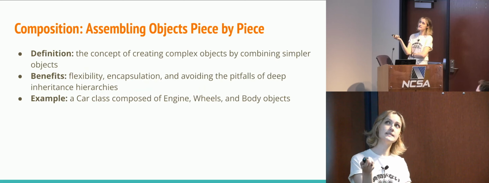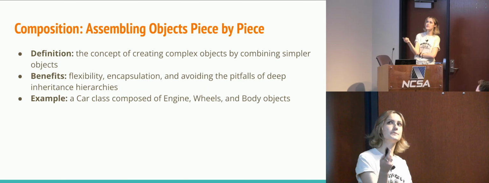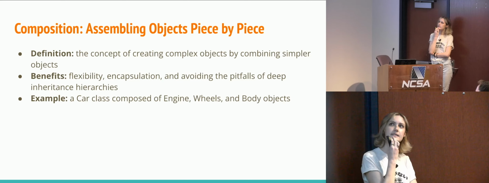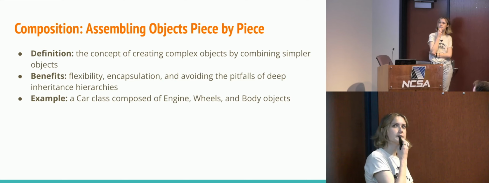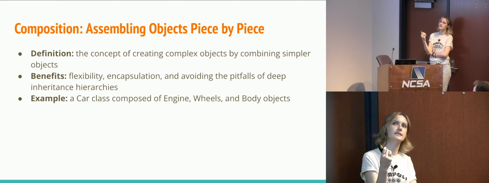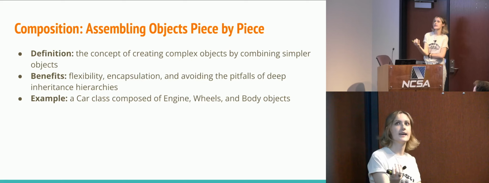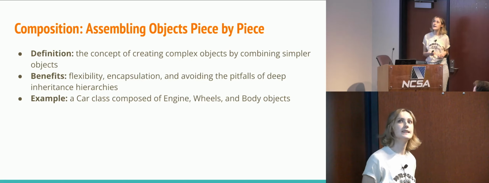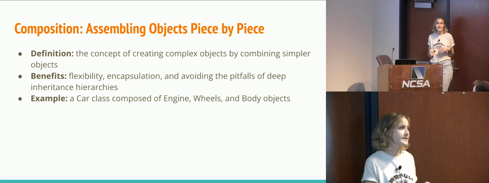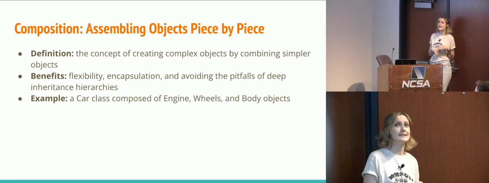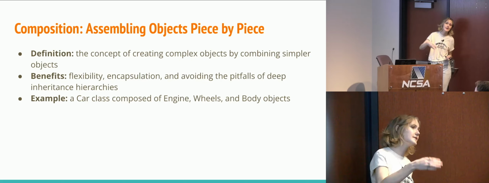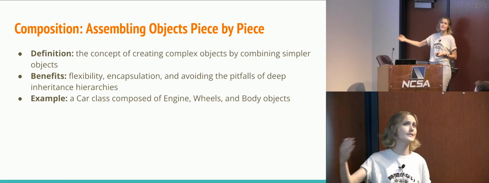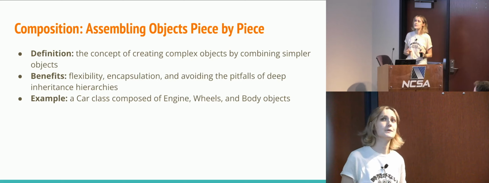And now composition is when we assemble objects piece by piece, and that's creating complex objects by combining simpler objects, which does enhance flexibility, encapsulation, and we get to kind of sidestep around really deep inheritance hierarchies where we just have one object inheriting from another, from another, from another. It gets crazy on some code bases.